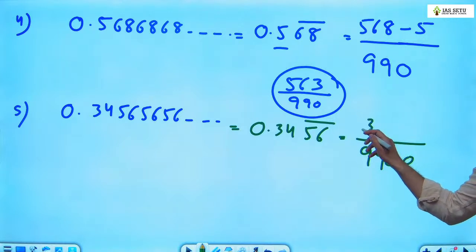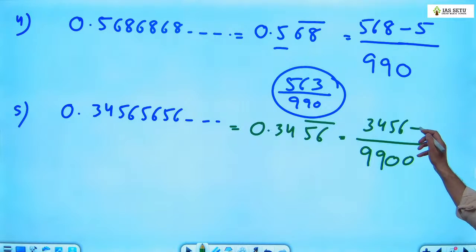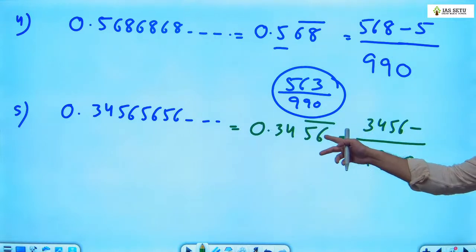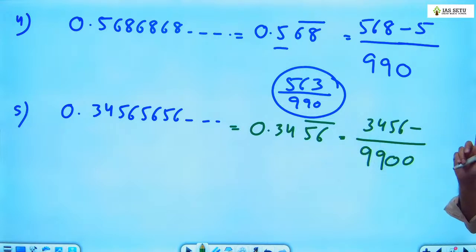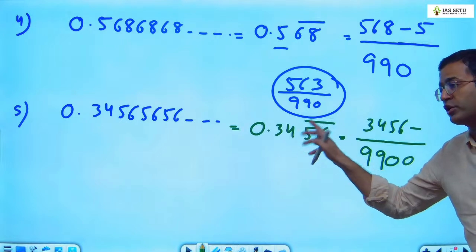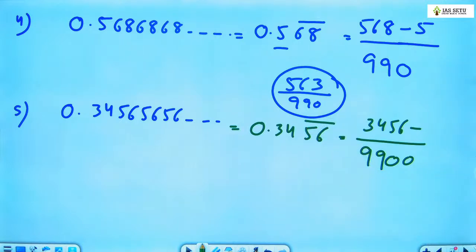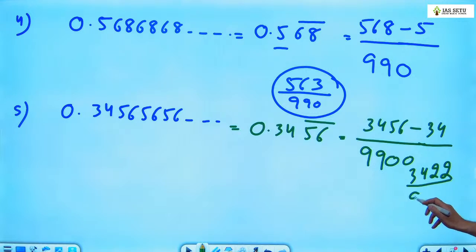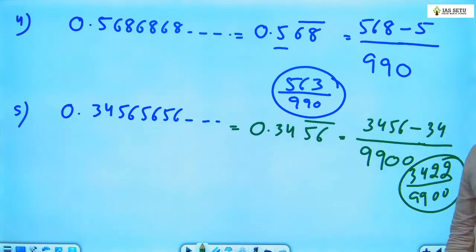Numerator will be total number 3456 minus 34. Some students by mistake write 50, but be careful, total number minus non-repeating or non-recurring part. So 6 minus 4 is 2, 5 minus 3 is 2, so it is 3422 divided by 9900.